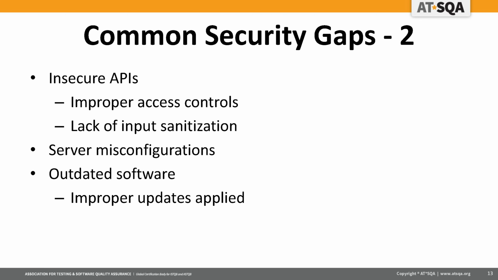Insecure APIs. This could be either improper access controls or lack of input sanitation, server misconfigurations, and also outdated software. This could be improper, incomplete, or missing critical updates.